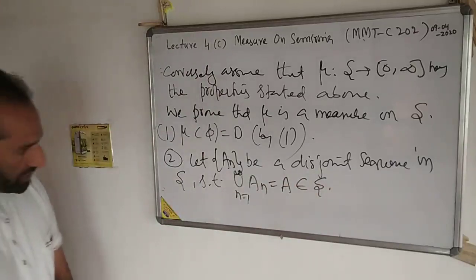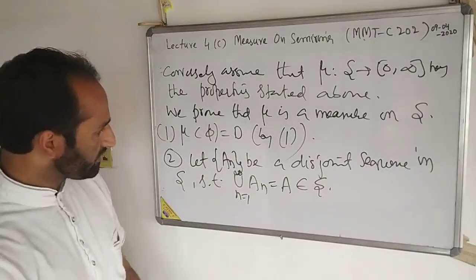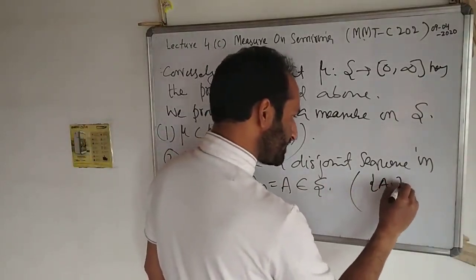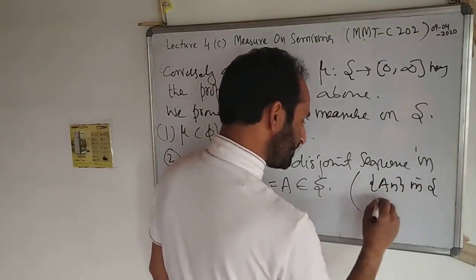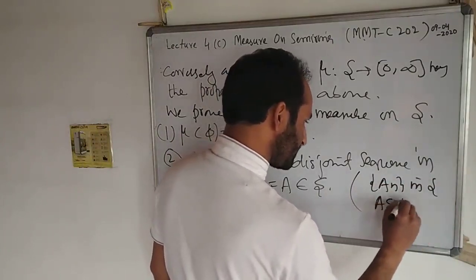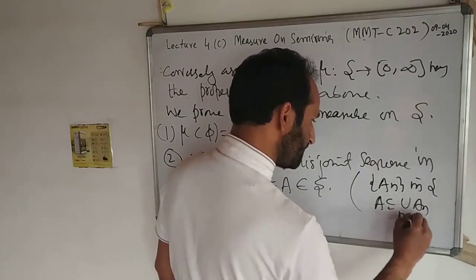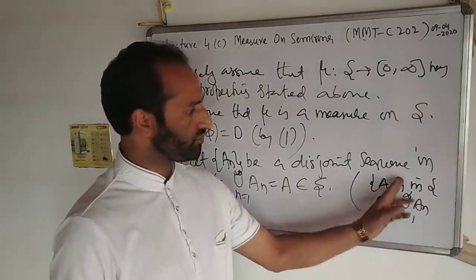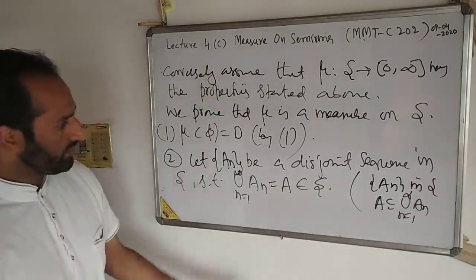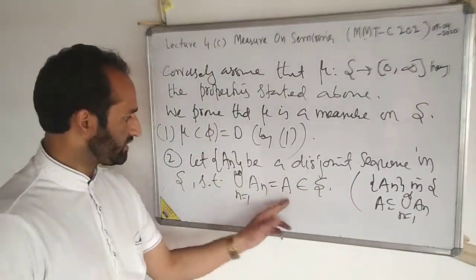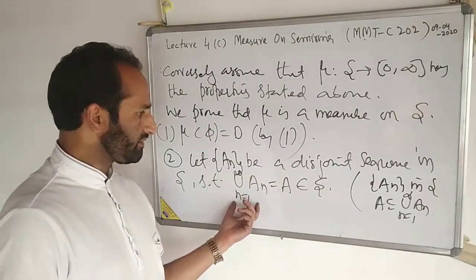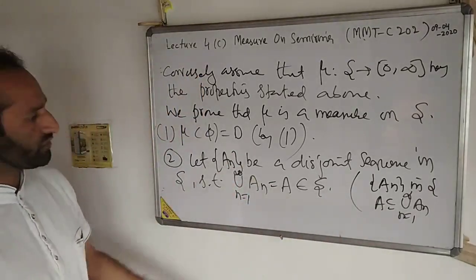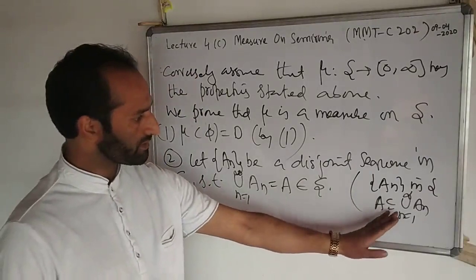Now by the third property, it's given that whenever An is a sequence in S such that A is a subset of the union of An, n runs from 1 to infinity, then mu of A is less or equal to the summation n runs from 1 to infinity mu of An. Here the set A is this union, and they are both equal sets, so we can apply this property here.